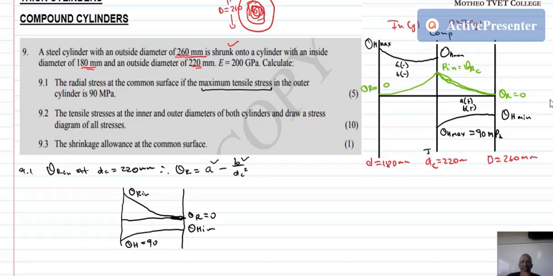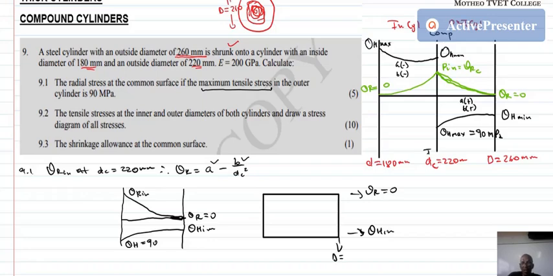Let's look at the conditions of what I have there. The conditions show that here my radial stress is 0. I don't have my hoop stress minimum at a diameter of 260, right? But here I don't have the radial stress, which is the one that I'm looking for.